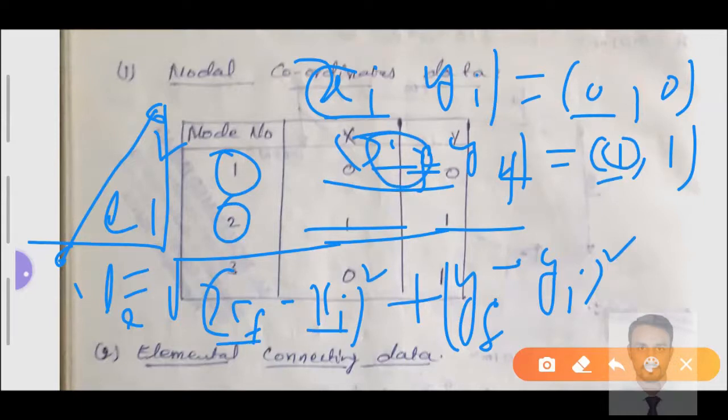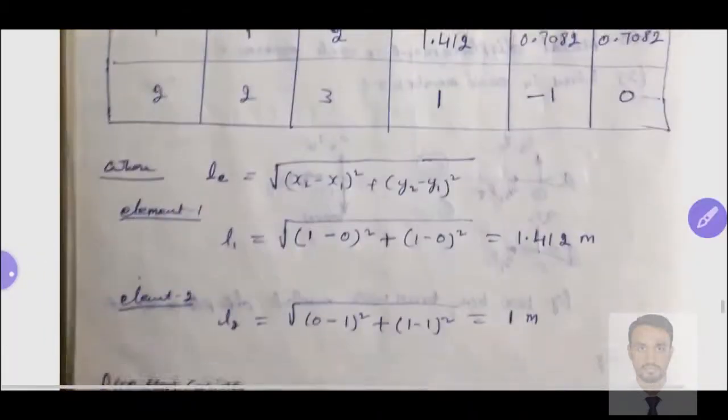We substitute: (1 minus 0) whole square plus (y final minus y initial, 0), (1 minus 0) whole square. 1 square is 1, plus 1, so we have 1 plus 1 equals 2, square root of 2. This is the value we got.